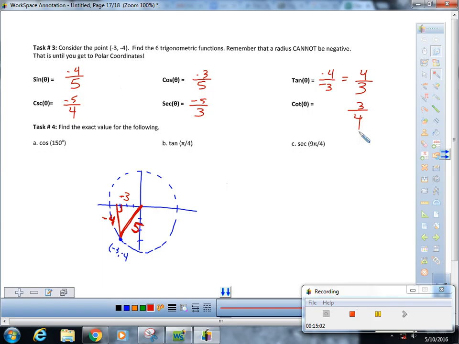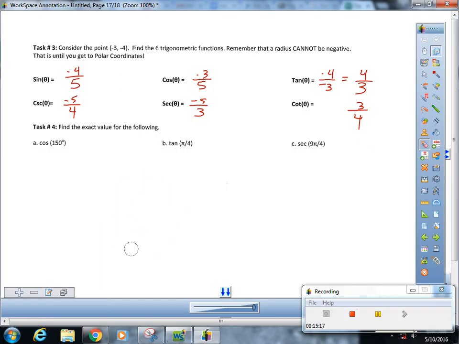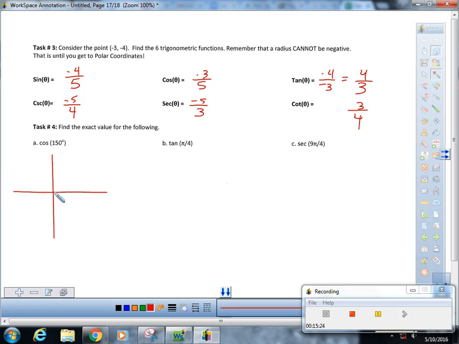Our final challenge. I'm going to have to erase my little picture here. Now you're going to be using your 30, 60, 90 and 45, 45, 90 triangles. So cosine of 150. All you do is sketch a little 150 degree angle, draw its reference angle. This is 150. That's not what we care about.